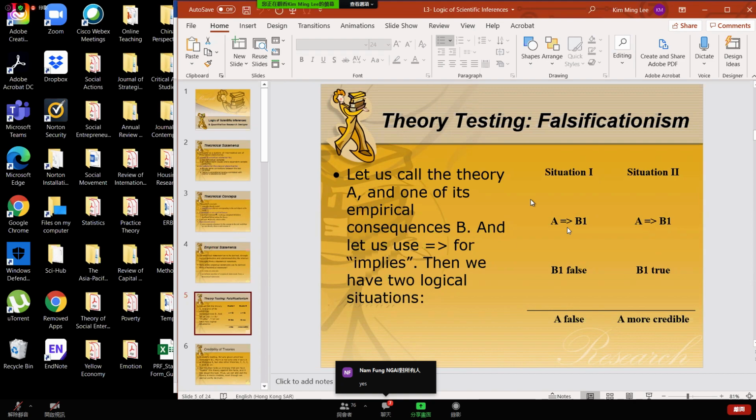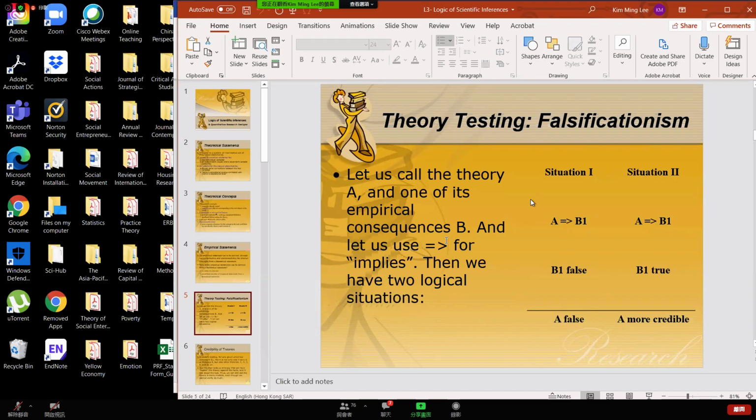Okay? So that means we cannot be certain our theory is true, but only make our theory more credible. Credible, that means believable. Okay? But if we find out that the empirical statement is false, we can reject the theory. So this is why we call it falsificationism.